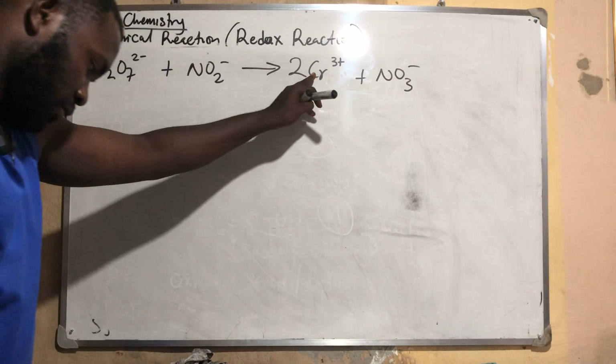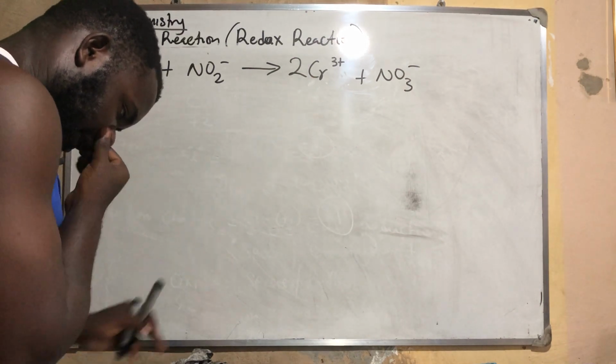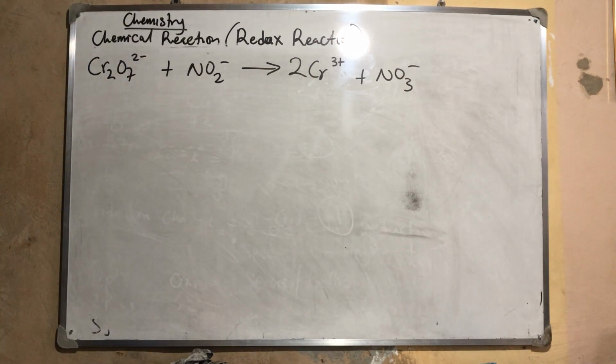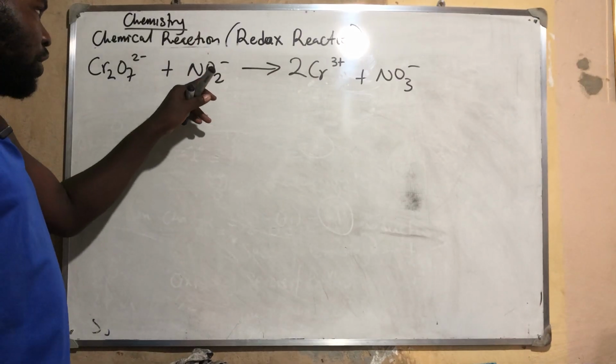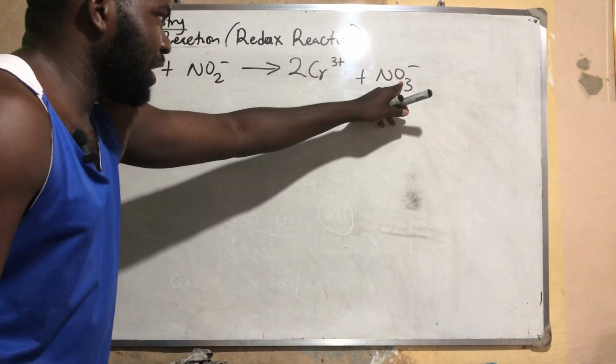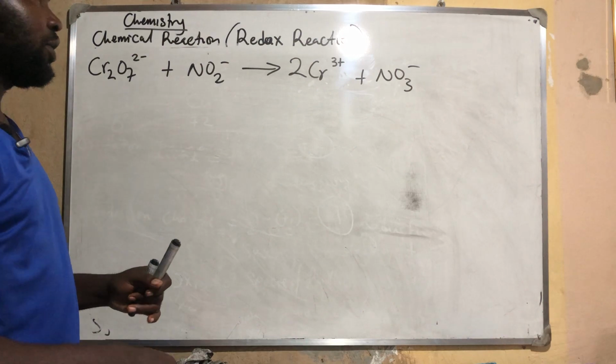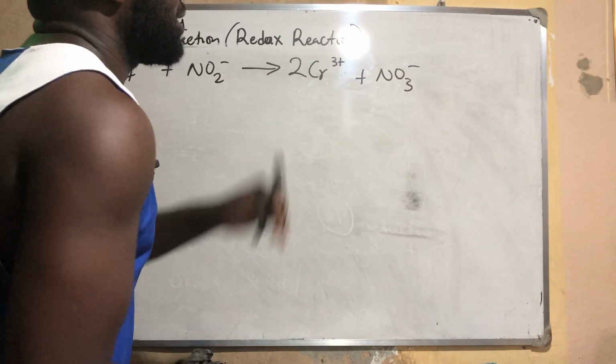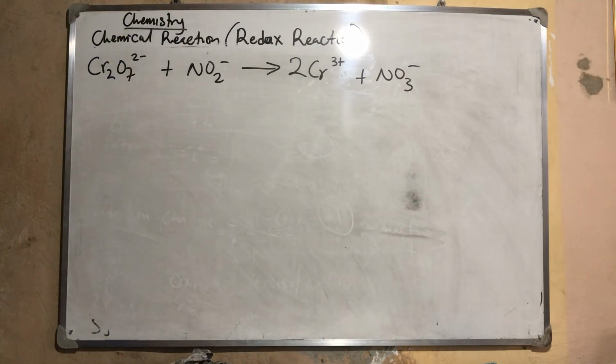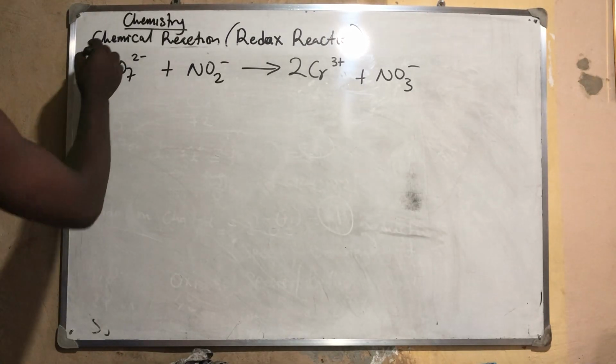I think this one undergoes reduction. Yes, very correct. And you see that this one, the oxygen here was 2, and then coming here became 3. It gained oxygen. So for gaining of oxygen, this one is what? Oxidation. But let us calculate it using our oxidation charge.